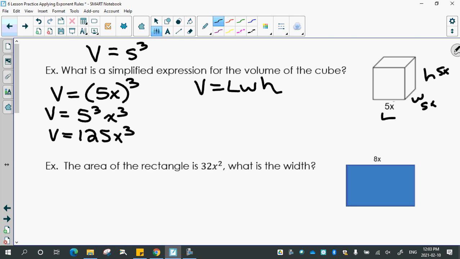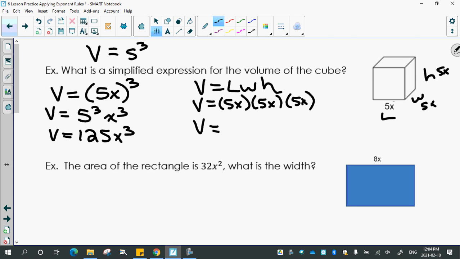So let's make sure we get the same answer that way too. The length is 5x, the width is 5x because it's a cube, and the height is 5x. They're all 5x. And if I multiply all those three terms together, I should still end up with this answer, if this answer is right.